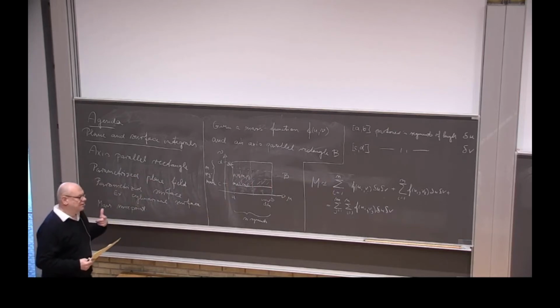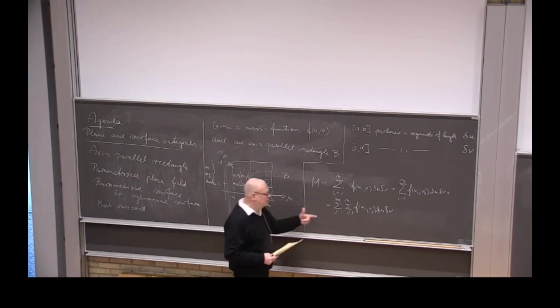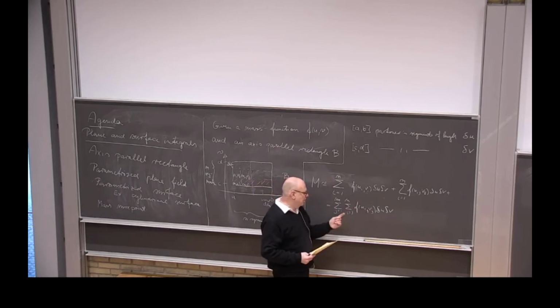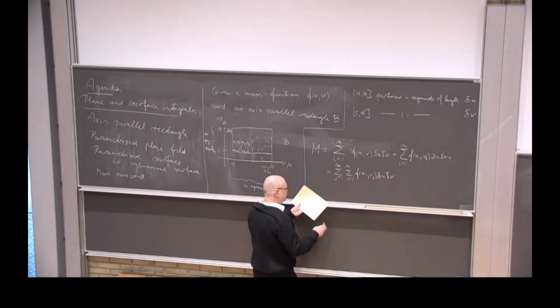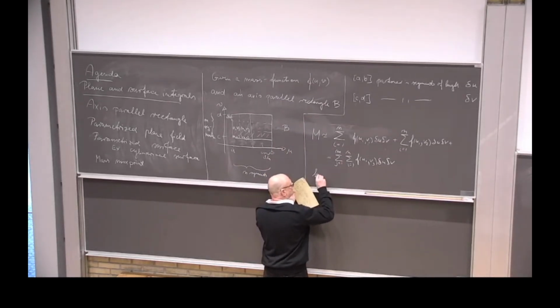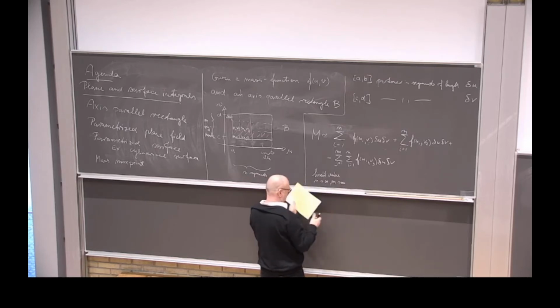We saw the last time that when we made a definition, if we took the limit of this double sum as n goes towards infinity, and as m goes towards infinity, then this was the definition of the integral. So I take here the limit value, as n goes to infinity, m goes to infinity.